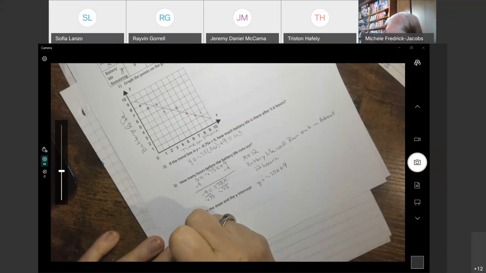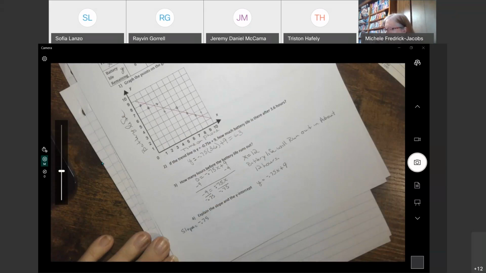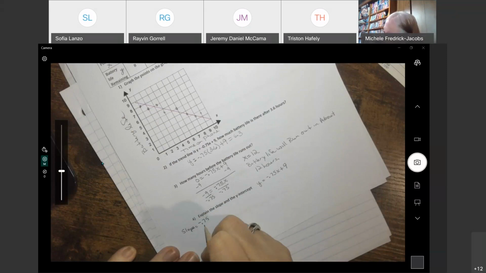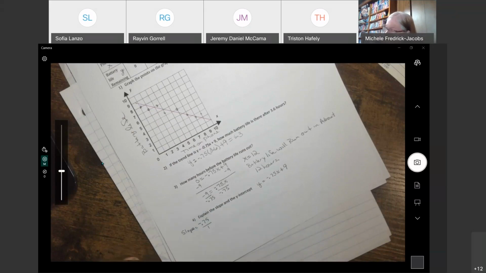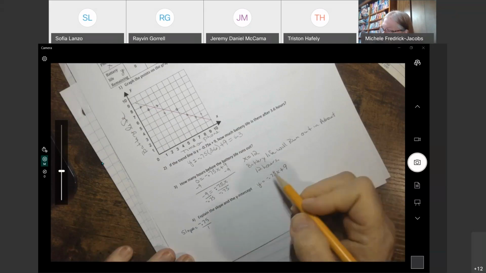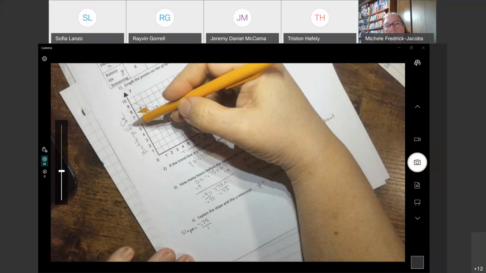Do we want to keep it as a decimal or do we want to use a fraction? I kept it as a decimal. Okay, then we'll keep it as a decimal. So this is our slope, over 1, because when you explain slope, rise over run, or change in y over change in x, our y is our battery life.